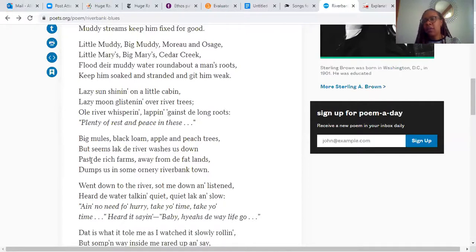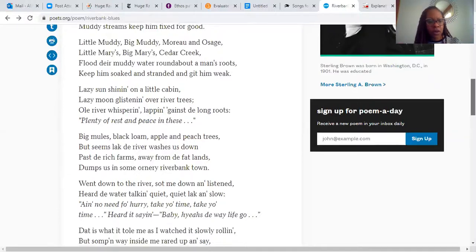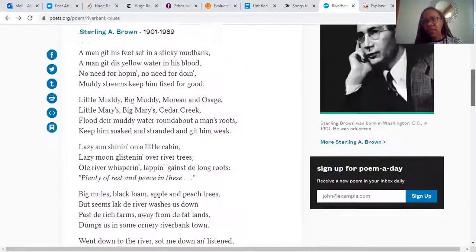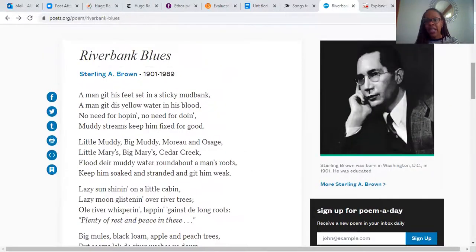We saw the emergence of what people call the projects or ghetto, but he makes political reference to, they dump us in some ornery riverbank town. This awareness of, you need to put your head up and pay attention to what's going on around you to bypass these ills. So he's giving us advice again of how to overcome. So we see it there.